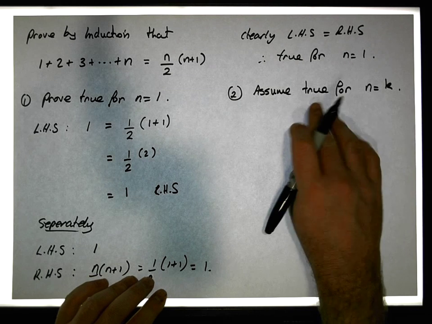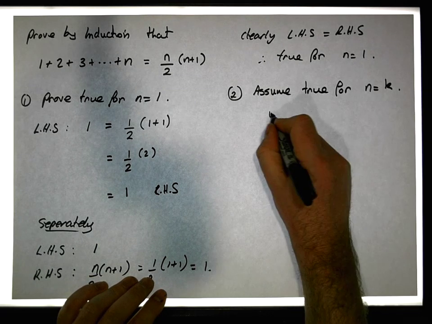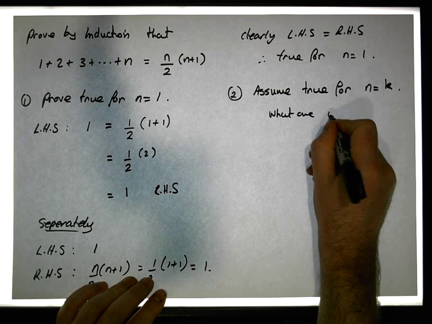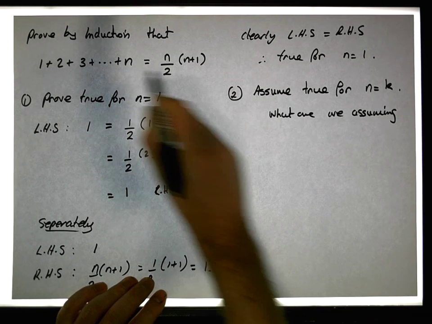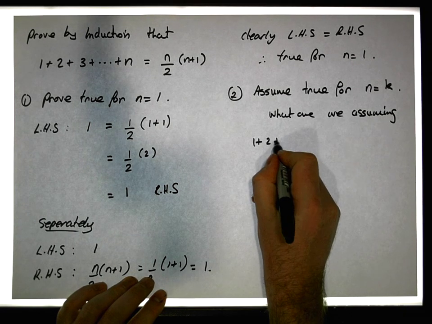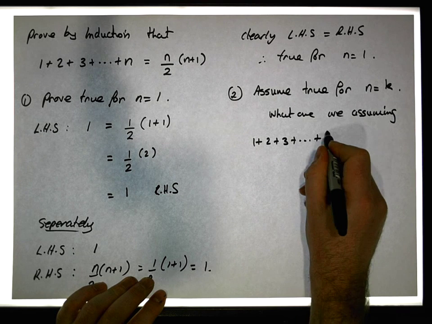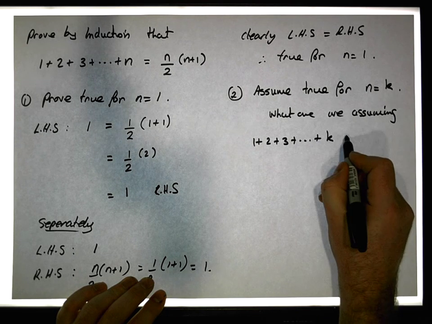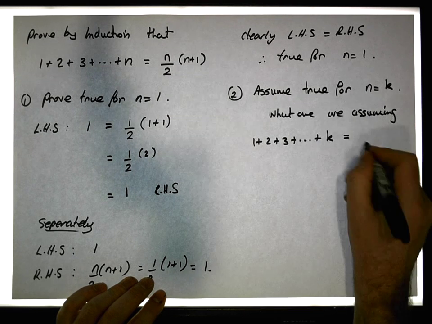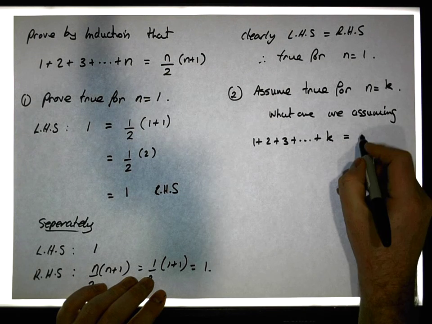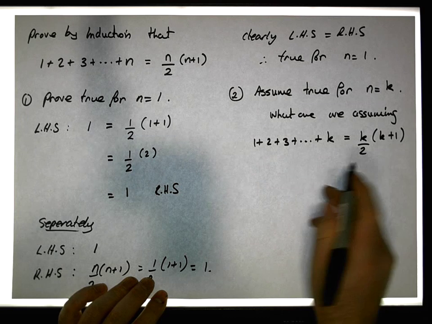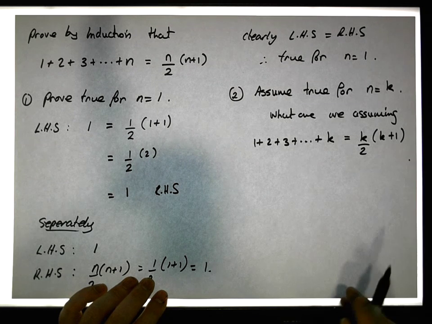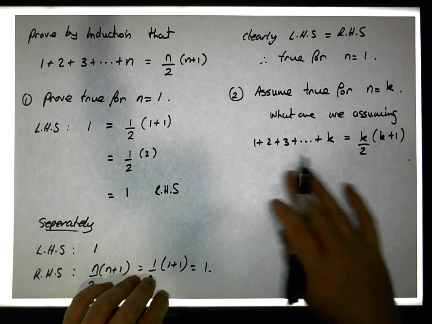In other words, what we're assuming is that 1 plus 2 plus 3 plus up to k must be equal to k over 2 times k plus 1. We're assuming this to be true. That doesn't make it true, we're just assuming it.